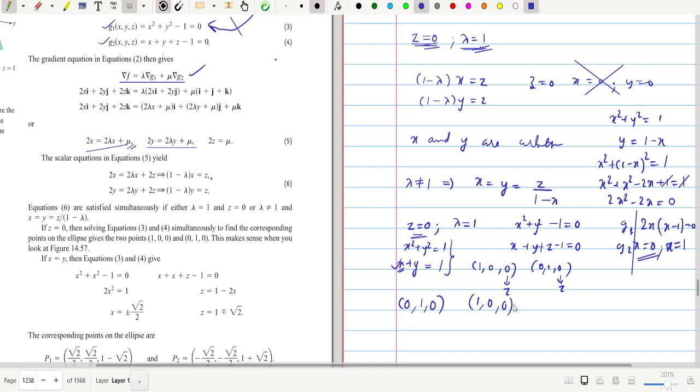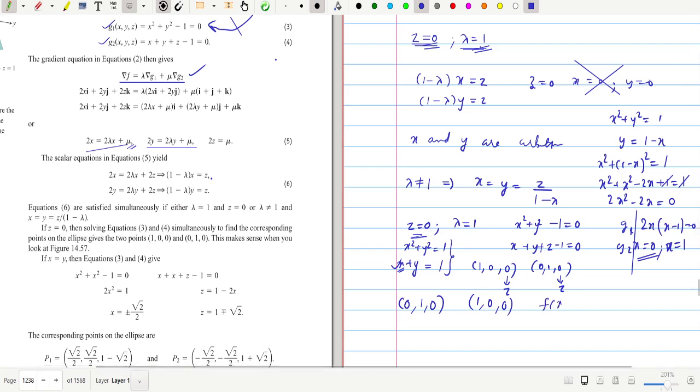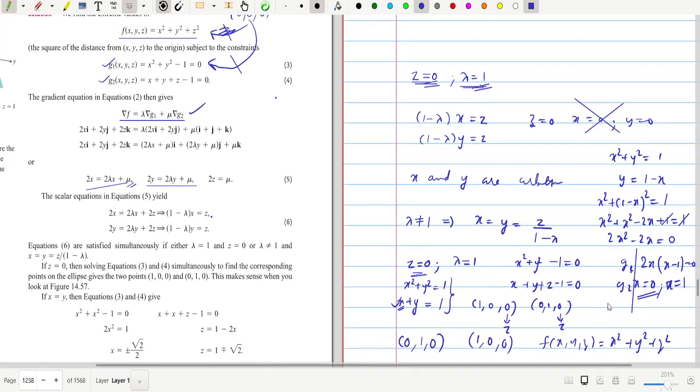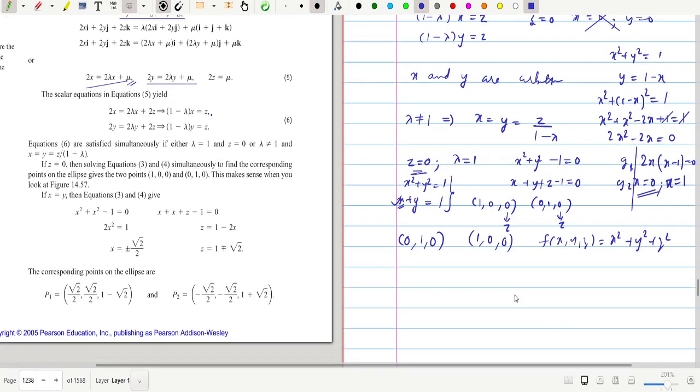So we evaluate the function at 0 1 0 and 1 0 0. Those will give the extreme values of f of x y z, which is x square plus y square plus z square. The possible extreme value in this case will be only 1, that is 0 square plus 1 square plus 0 square, and similarly 1 square plus 0 square plus 0 square. So the maximum possible value is 1 here.